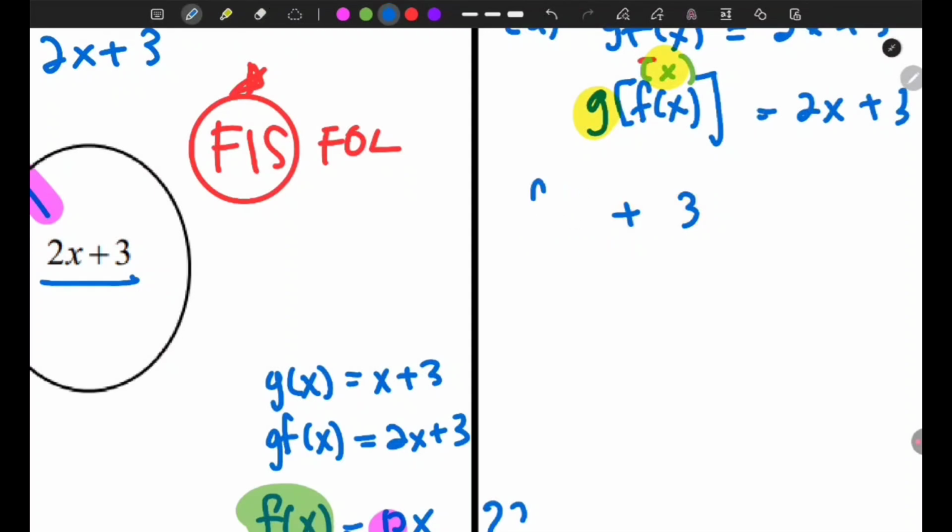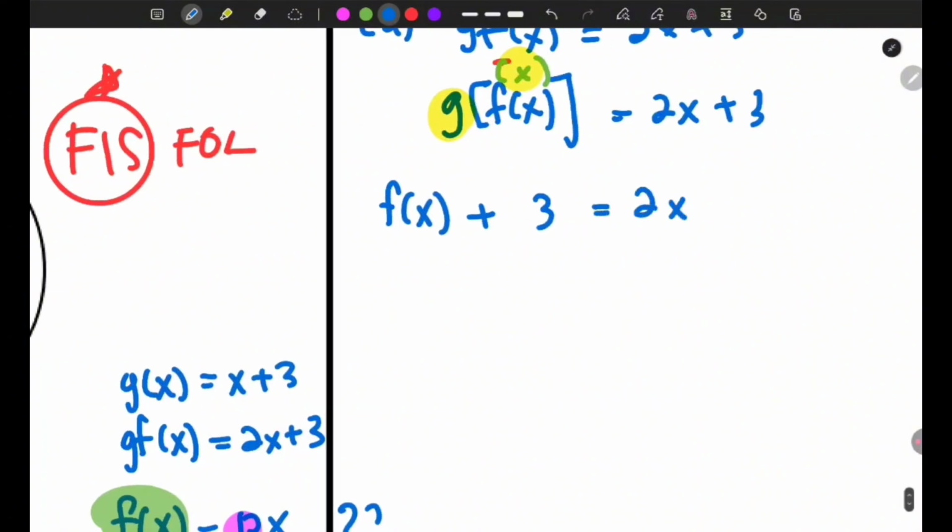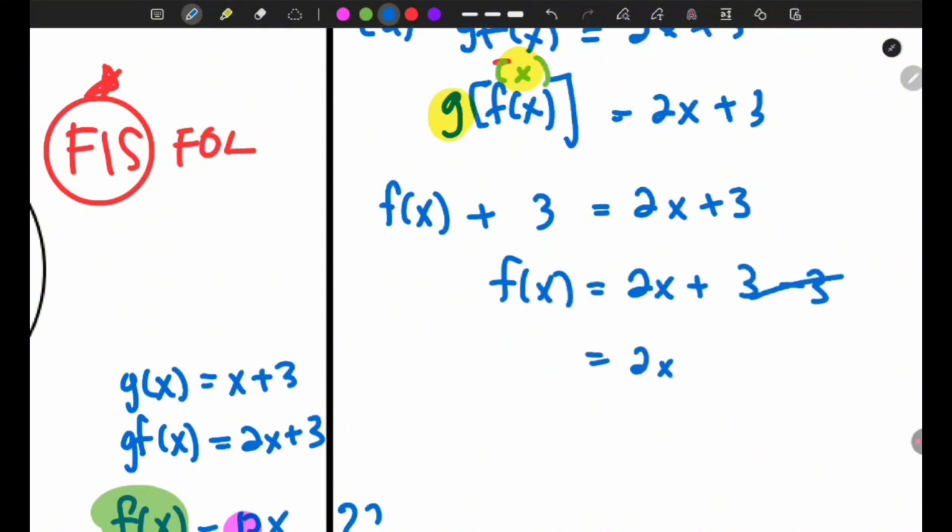So replace your x with f(x), and this equals 2x + 3. And now just do your normal calculation. Your 3 bring there, so your f(x) equals 2x + 3 minus 3, cut, you get 2x. So this is what you get, f(x) is equals to 2x.